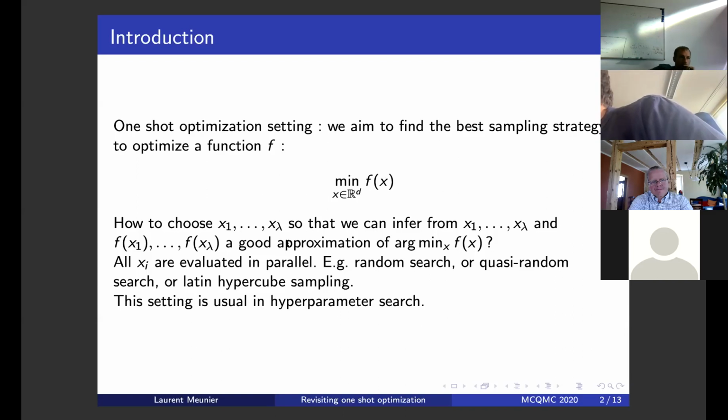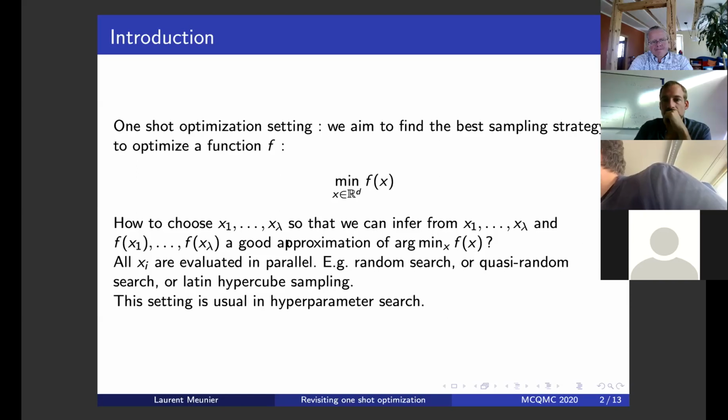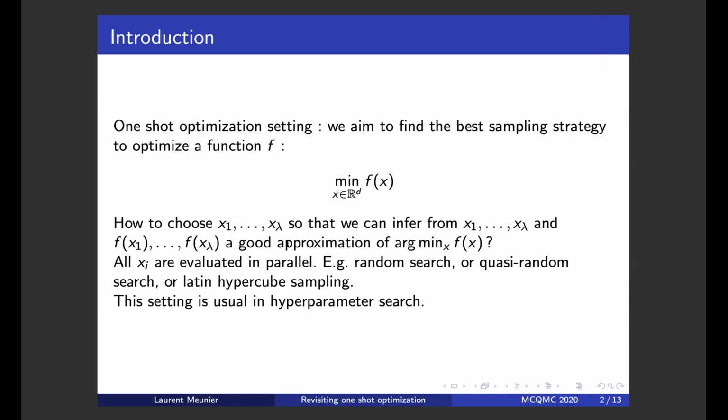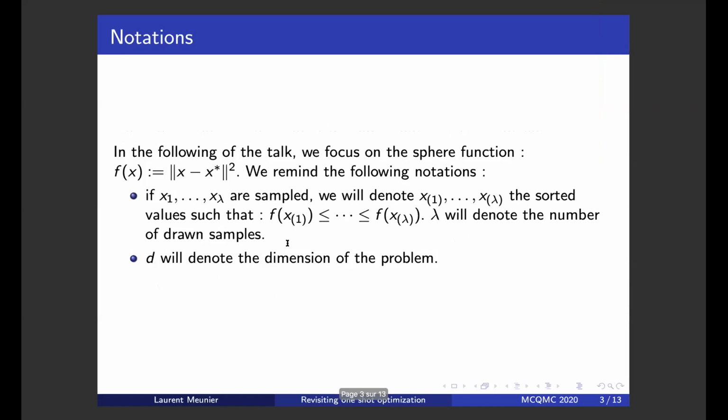All xi are evaluated in parallel, which means that we are in a random search, or a quasi-random search if we take quasi-random sampling instead of pure random sampling. This is a usual setting in hyperparameter search, for instance in machine learning, where we can sweep all the hyperparameters to optimize and find the best model.